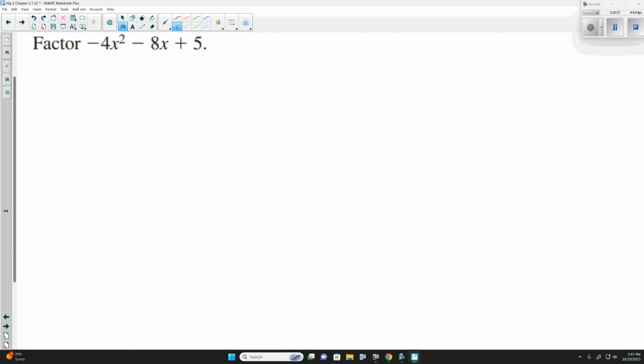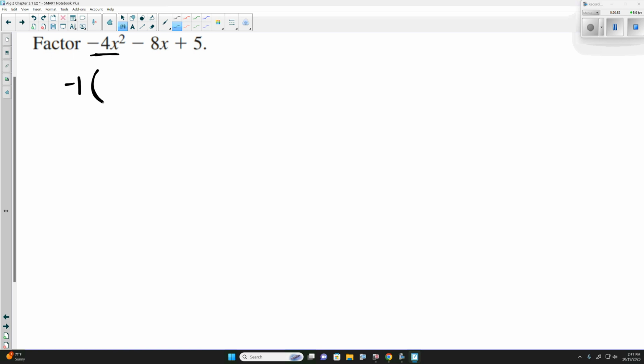There's one big difference. It has a negative in front of the 4x squared, yes? And if the term in front of our x squared is negative, we need to factor that negative out. If there is another number in common, we will factor it out as well. But we need to get rid of this negative 1 in front of the 4x squared. We need to get rid of the negative.